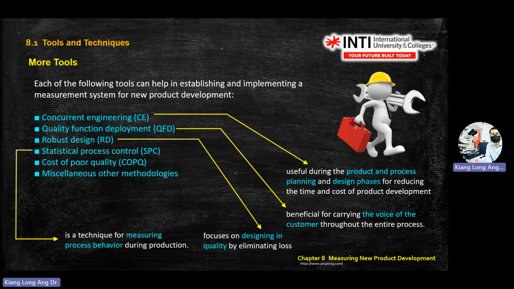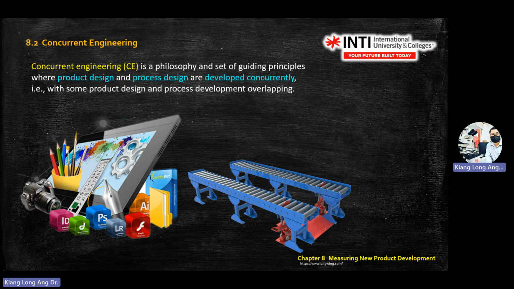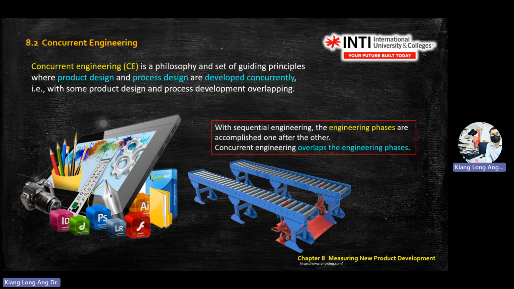Robust design, RD, focuses on designing quality, eliminating loss. This one is eliminating loss. Loss means waste. You want to reduce waste. Statistical process control, you look at the process, whether in control or out of control. Poor quality is also the same as the robust design and so on. Concurrent, you already learned previously, right?